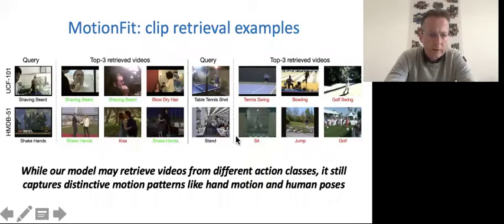It is interesting to look at the failure cases, where we notice that while our model may retrieve videos from different action classes, it still somehow captures distinctive motion patterns like hand motion and human poses that RGB-only models cannot capture.